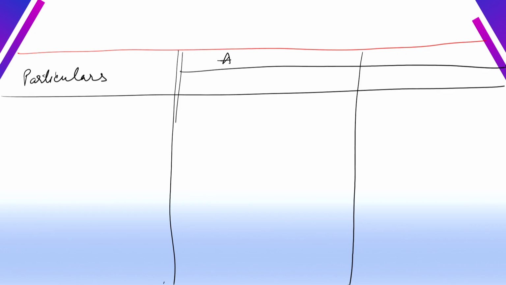this is the format. On one side, we have to write the particulars. Then there will be the absolute amount, which will show the amount of change, and the percentage change.